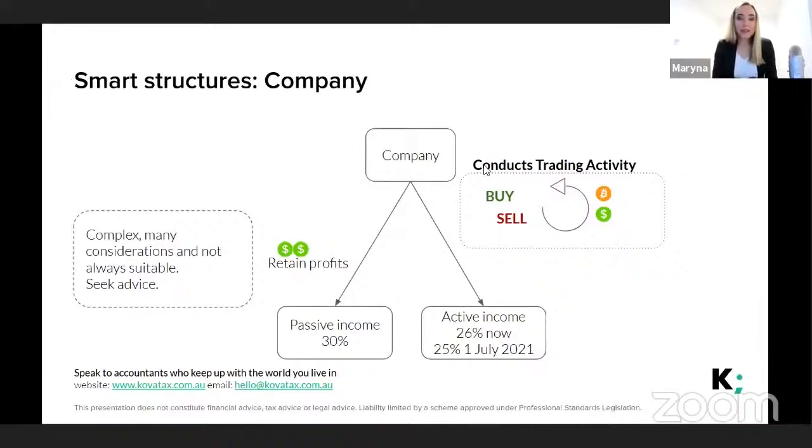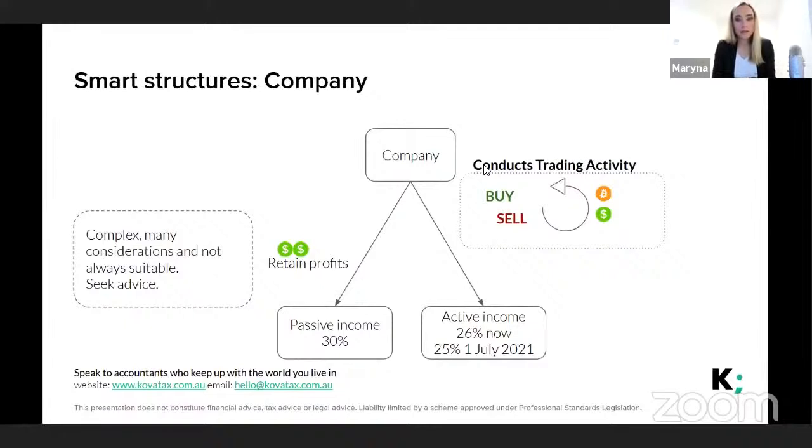You have to be aware that 25% tax, or 26 right now, is actually for active income. So that means if your company has been trading on cryptocurrency, that can be active income. But if you do receive some passive income, which is, let's say, you're doing farming and there's yield staking, that can be passive income.